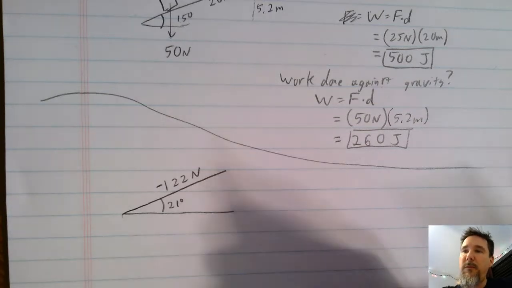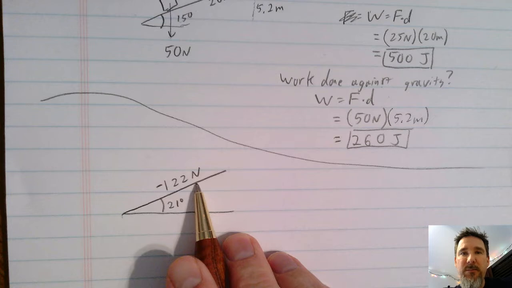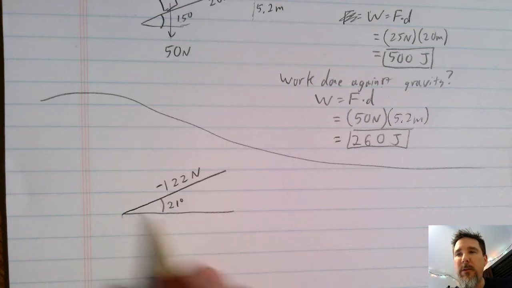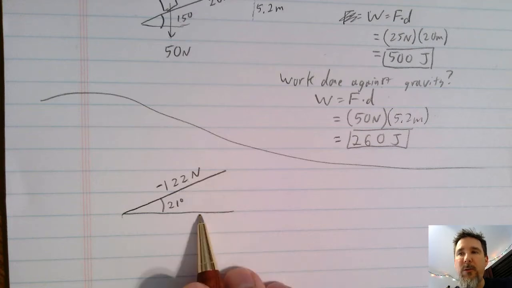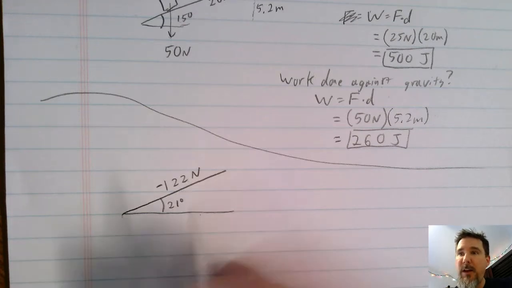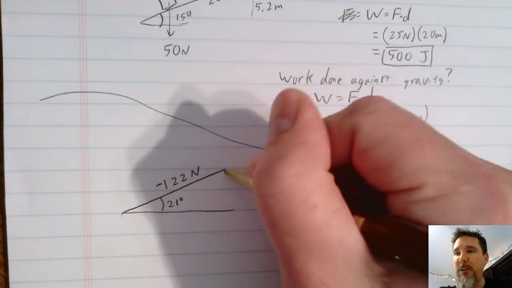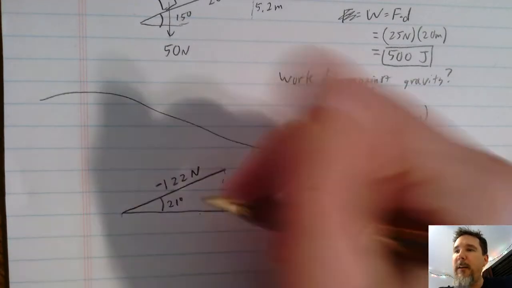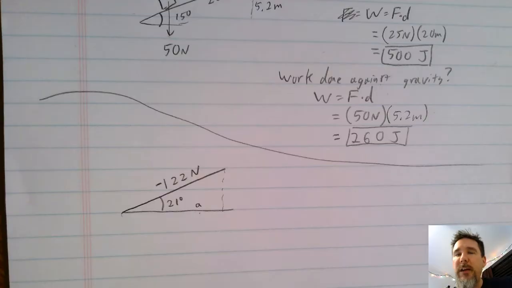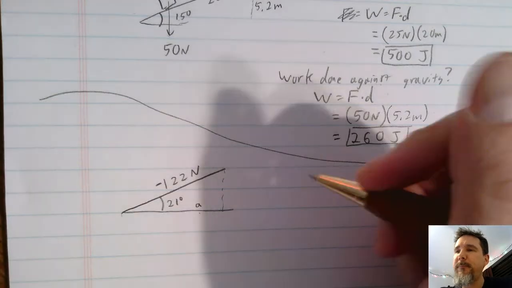Well, the direction of the leash she's pulling is not parallel to the direction that the dog and the woman are moving. So we have to figure out the horizontal component of this. And if we look at it, this is just a right triangle. So we need to find the adjacent side, and if you do SOH CAH TOA, adjacent sounds like CAH, that means cosine.